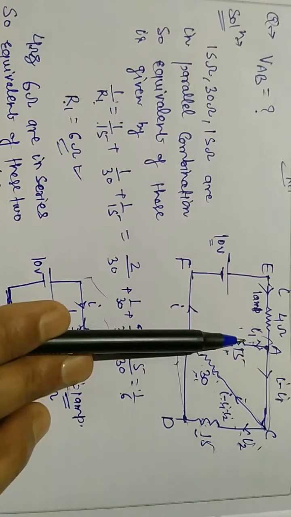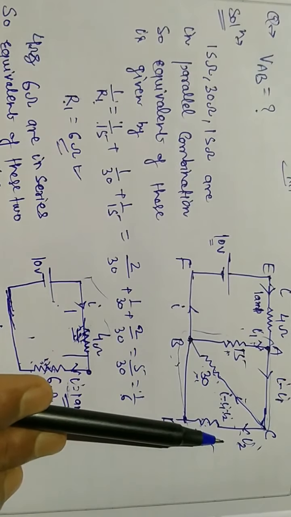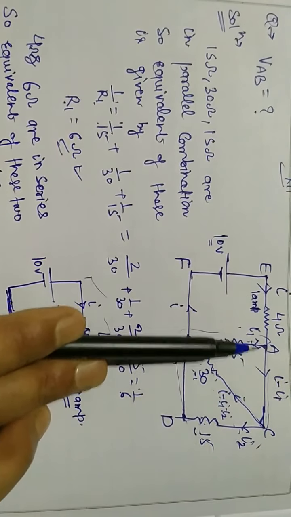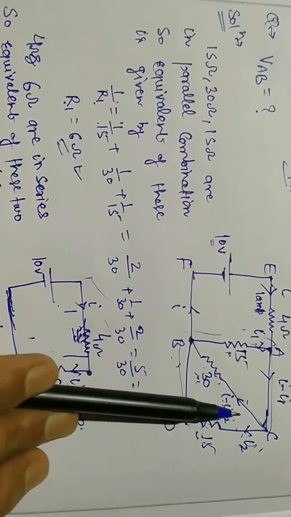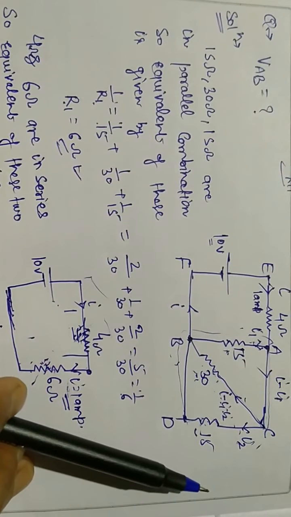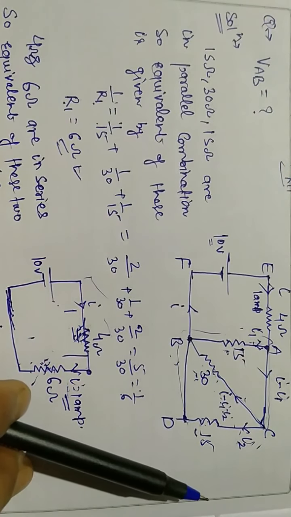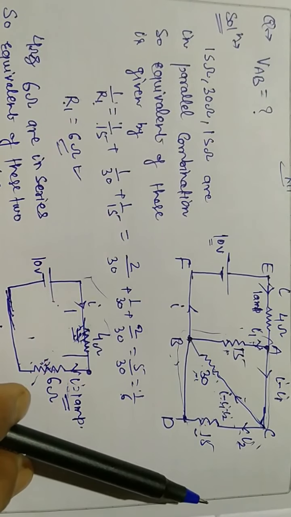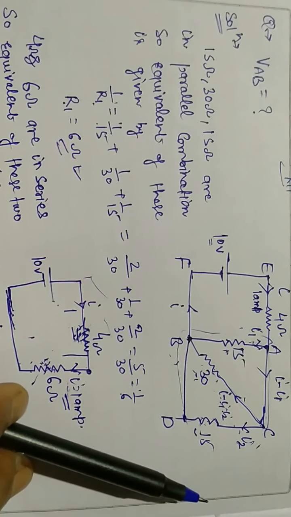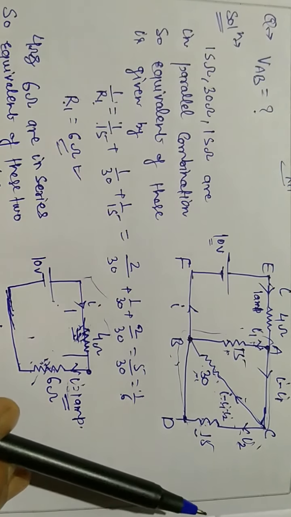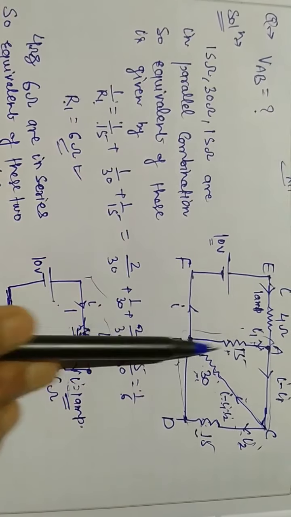In each part the current will be different, but we know that because these are in parallel, the potential difference across each resistor remains the same.